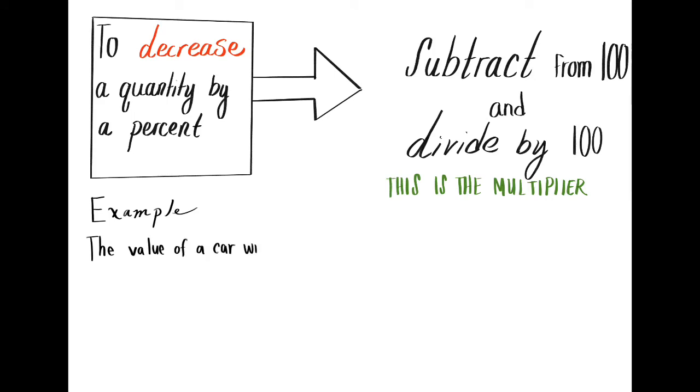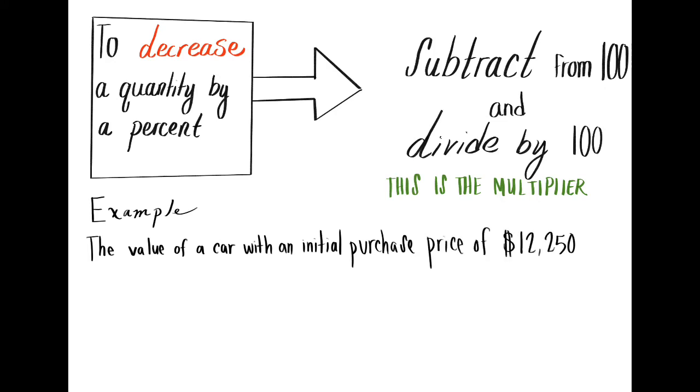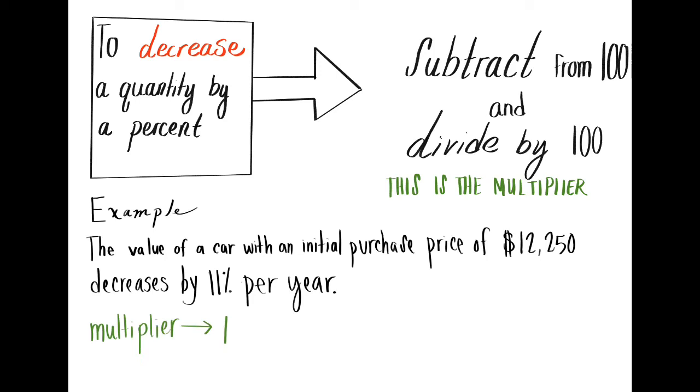So let's say that you have a car that you purchased at a price of $12,250 and it's decreasing by 11% every year. So if we want to find that multiplier, we do 100% minus 11%, okay, which gives us 89%.